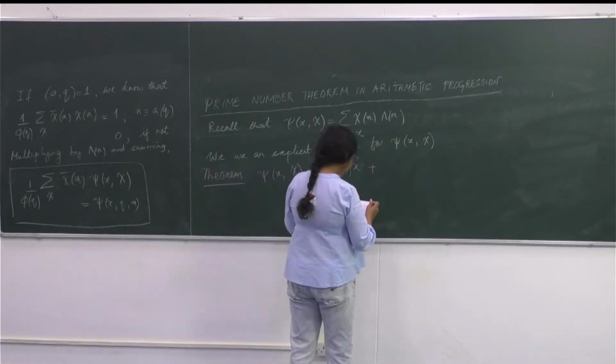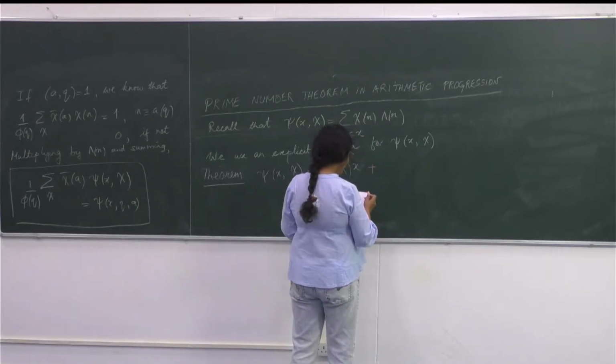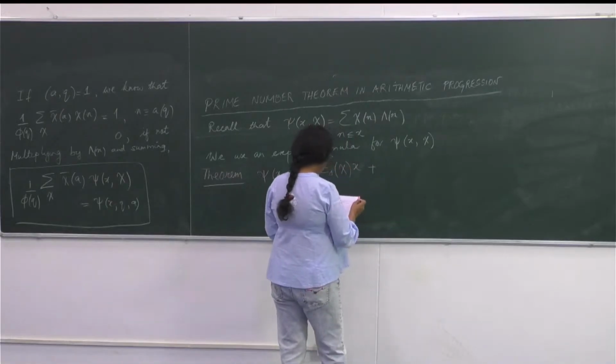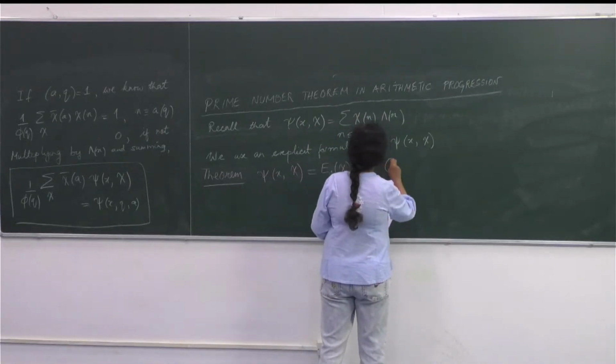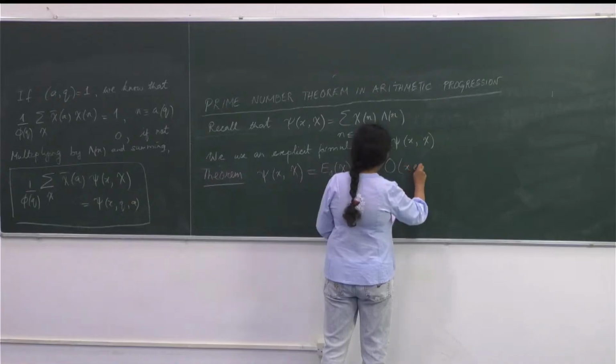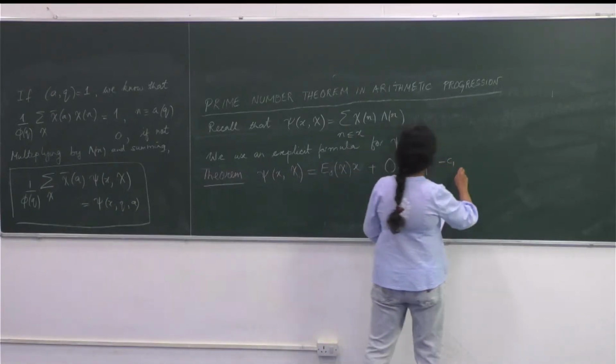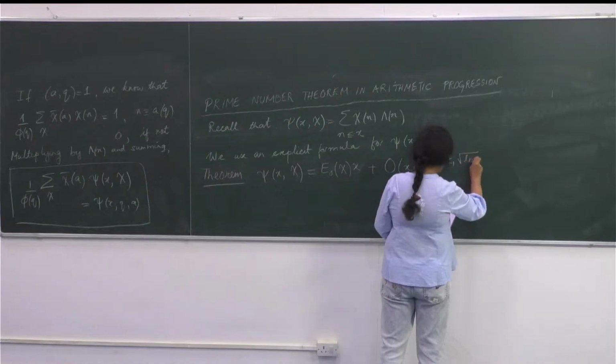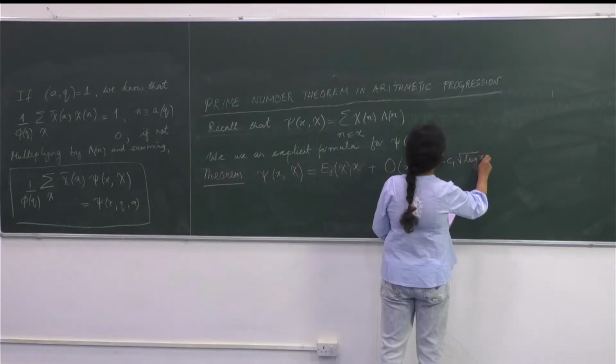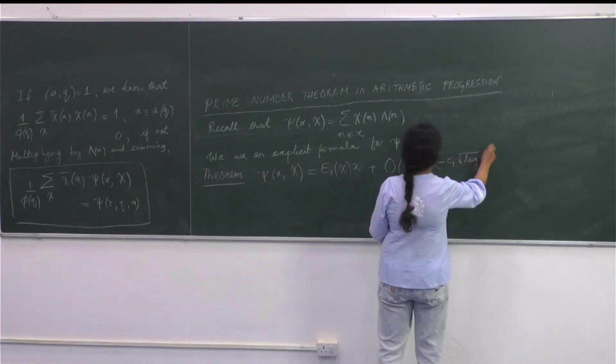And what does this error term look like? This error term is big O of x exponential minus C1 square root of log x.